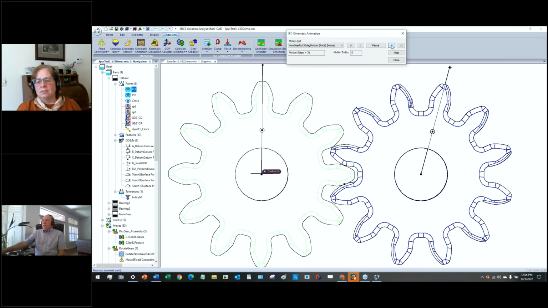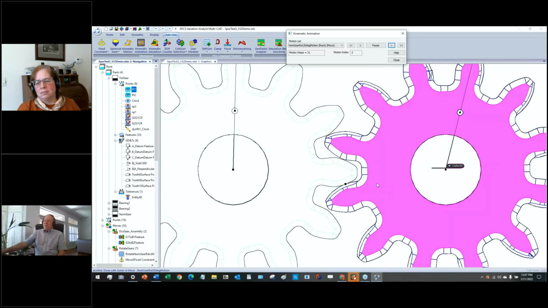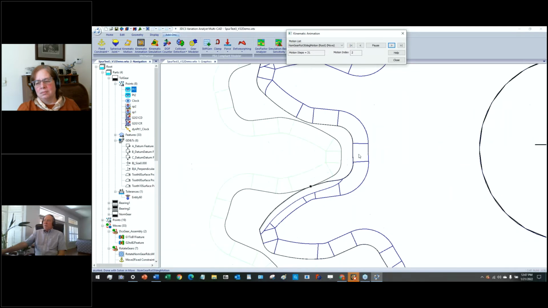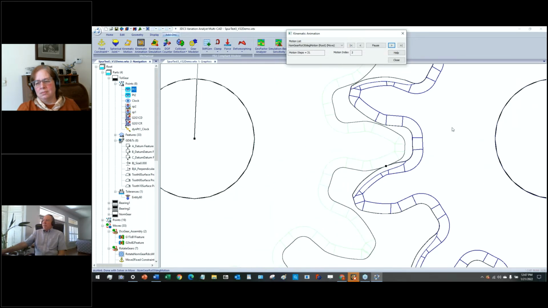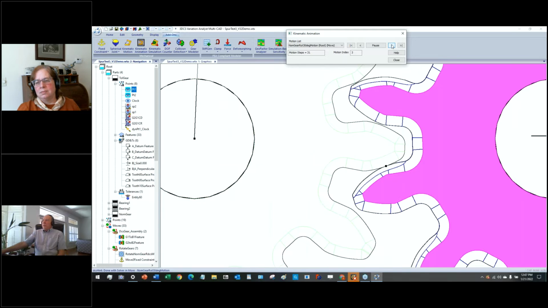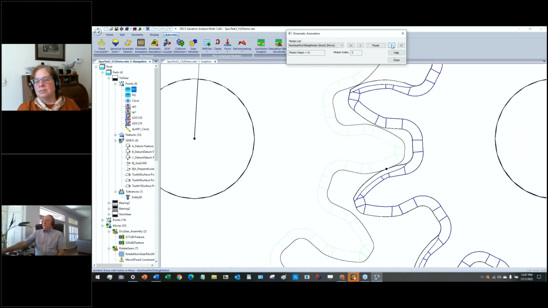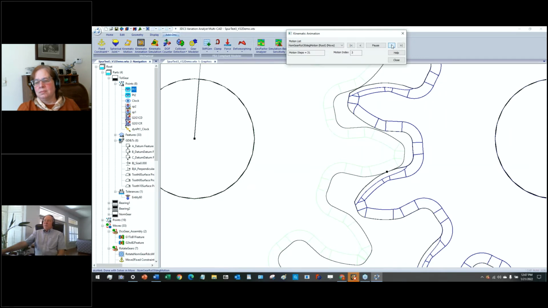Each rotation is set up to show the contact. The contact is this square dot in the center here. So as it rotates around, we get it in the right view. You can see the dot moves along the edge as the tooth rotates.